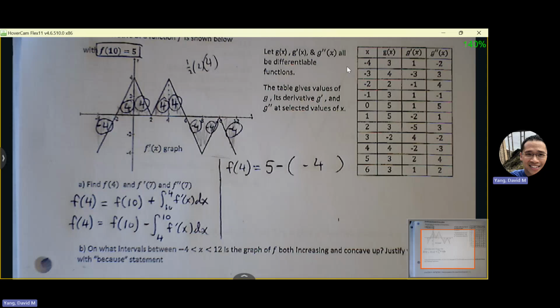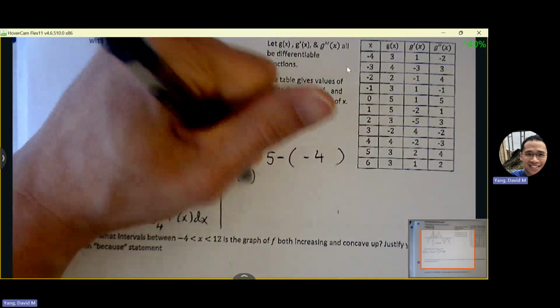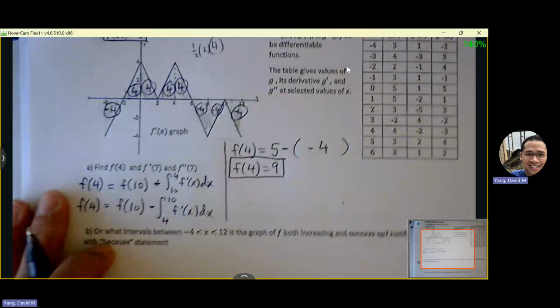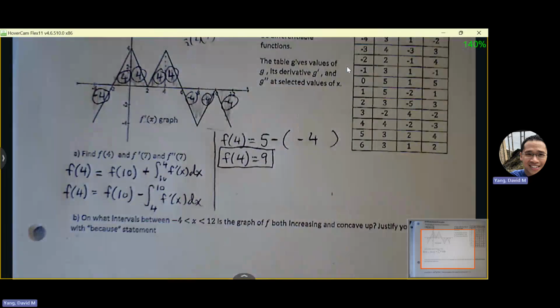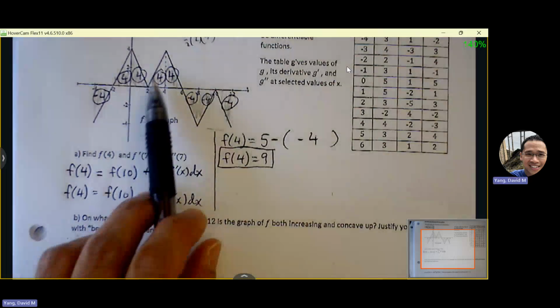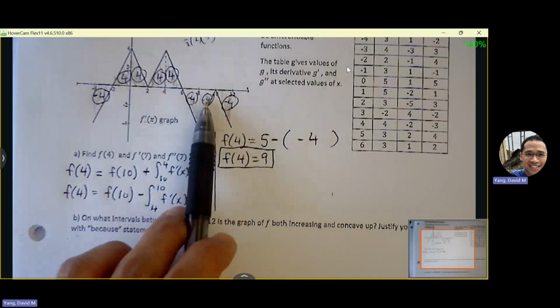And then 2 negatives cancel out. 5 plus 4 is 9. So f of 4 equals 9. I have one piece of my answer. Any questions so far? The integral from 4 to 10 is just these regions added together.